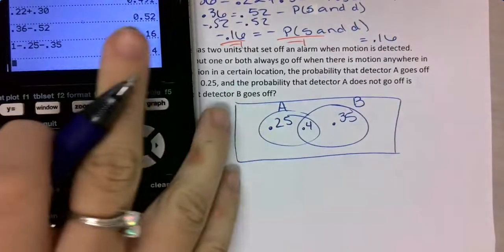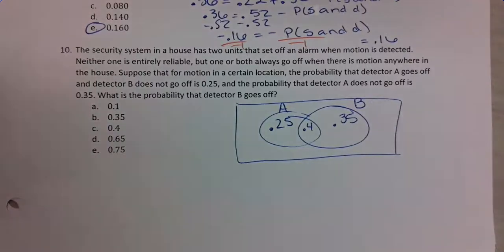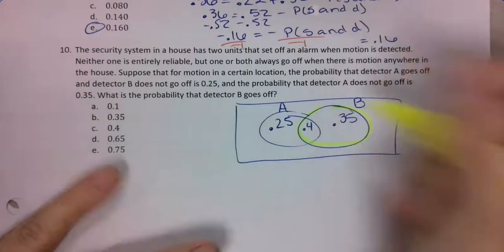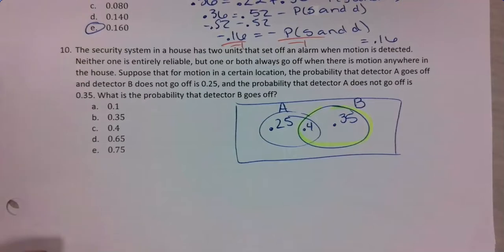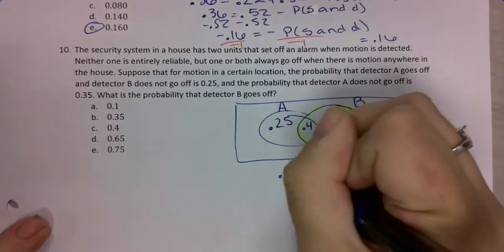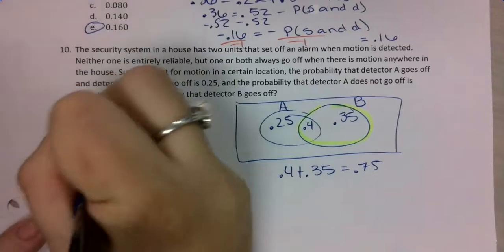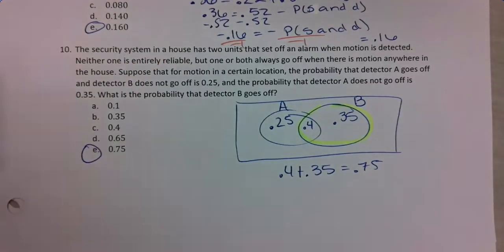And I just want the probability that detector B is going to go off. So I want to add everything inside my B circle. Over here, that is 0.4 plus 0.35, which gives me 0.75. So my answer here is B.